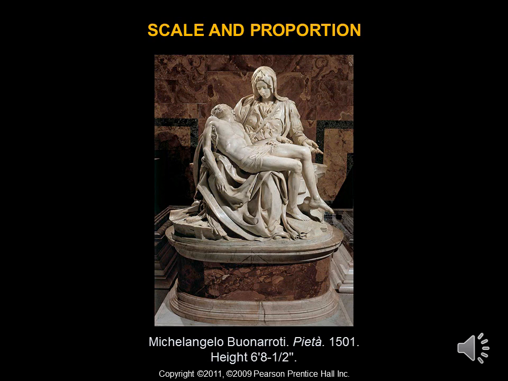Michelangelo often used optical illusions through playing with scale and proportion. We'll go even more into depth with it when we get to the Renaissance lesson. But this basically breaks down to, in order to visually support the immense size of an adult man's body on a woman's body, Michelangelo actually had to enlarge Mary in the image to be able to visually support the body of Christ.